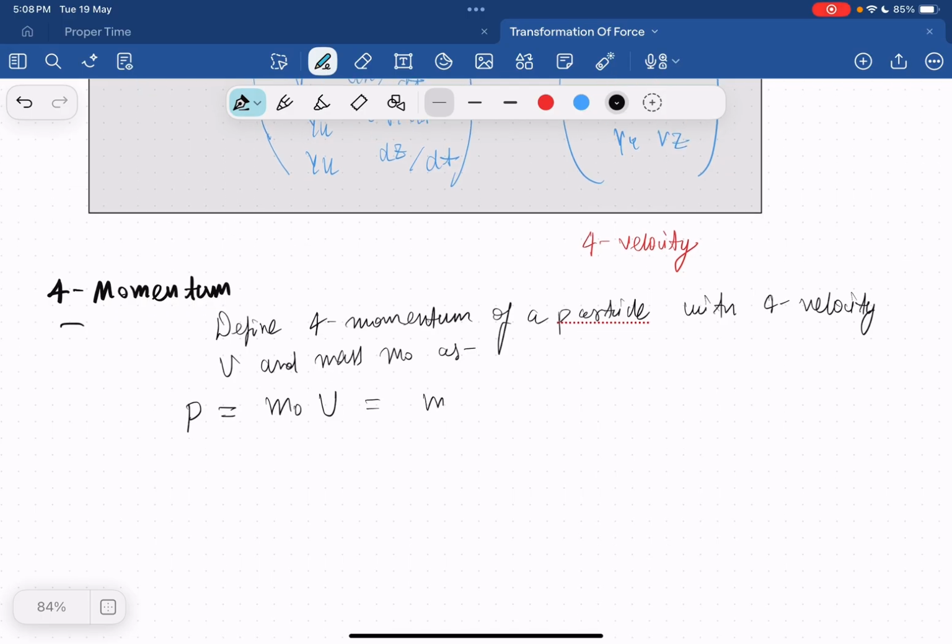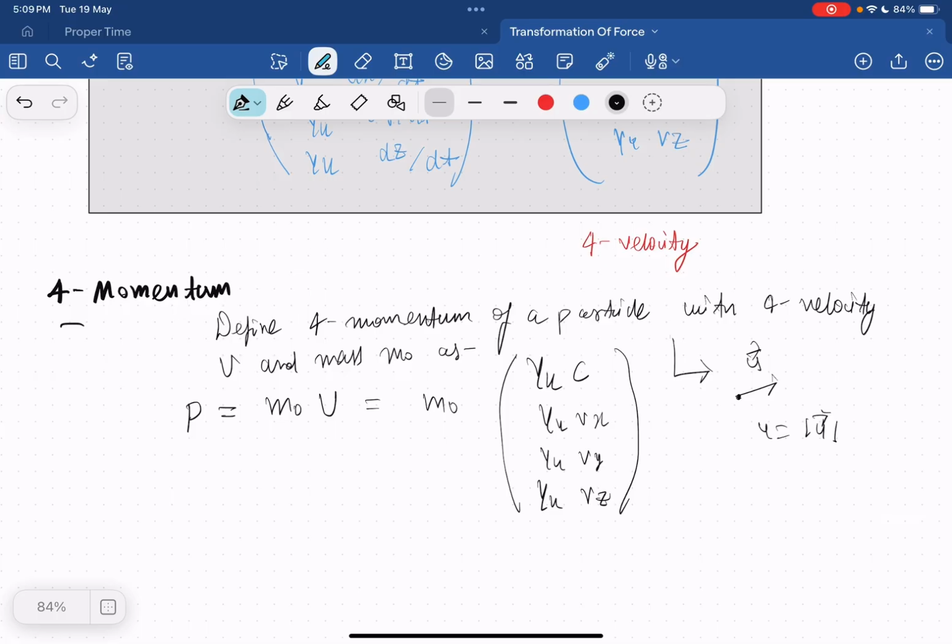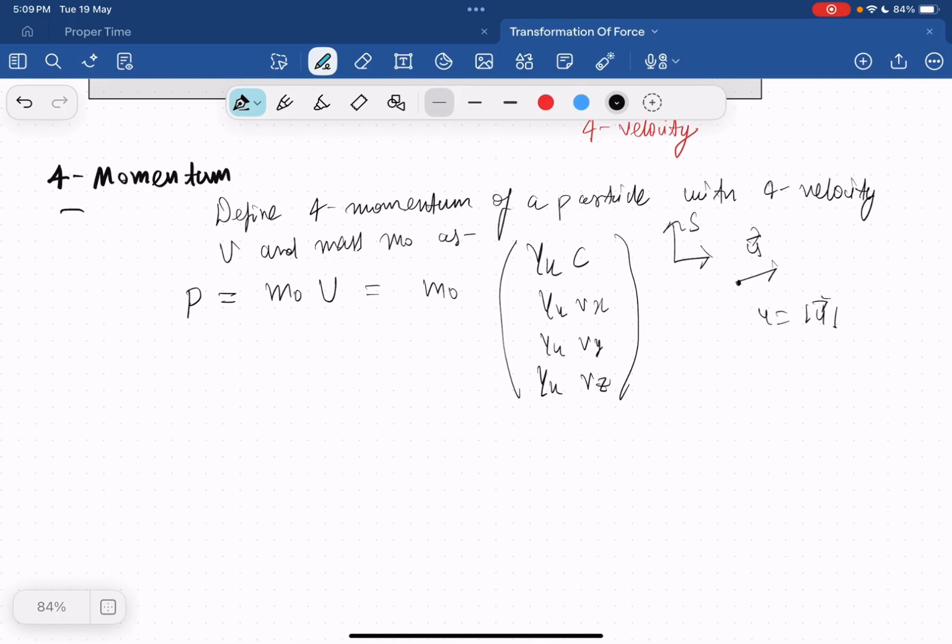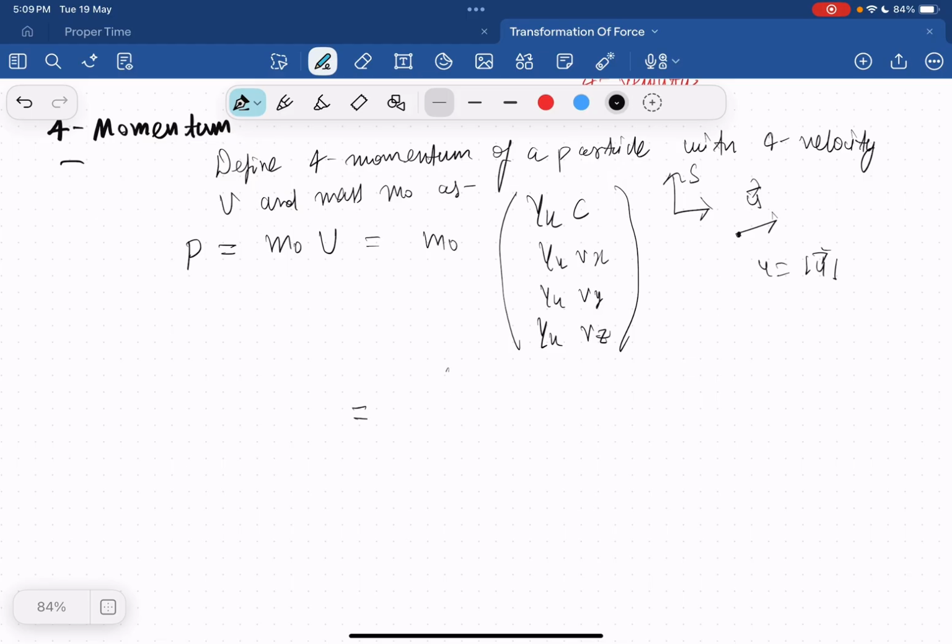So if we substitute the four velocity here, that's going to be gamma u c, gamma u vx, gamma u vy, gamma u vz, where u is nothing but the speed of the particle, that is the mod of the velocity vector, and this we are talking with respect to some frame S. Now if we take m naught inside, we have gamma u m naught c, gamma u m naught vx, gamma u m naught vy, gamma u m naught vz.